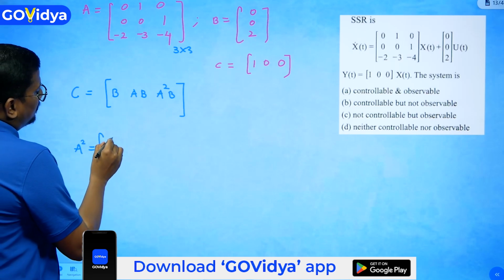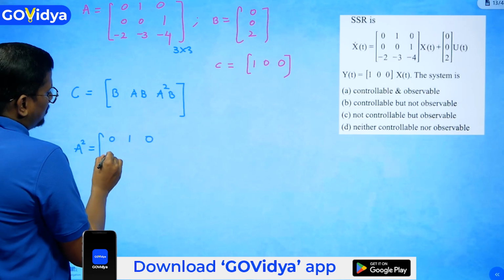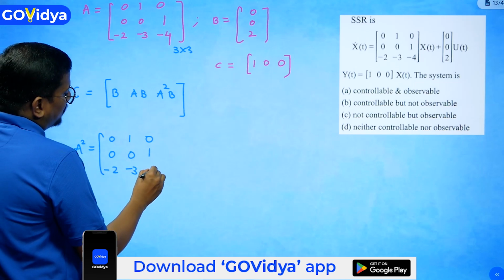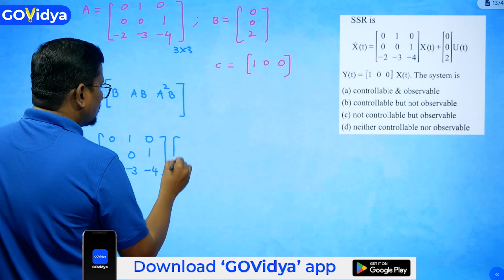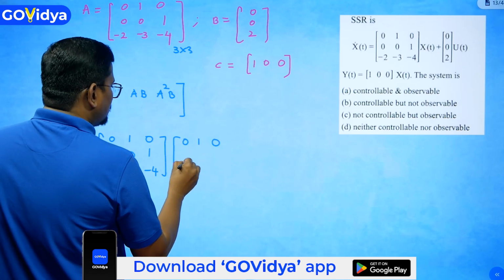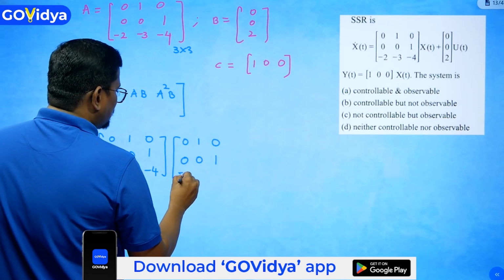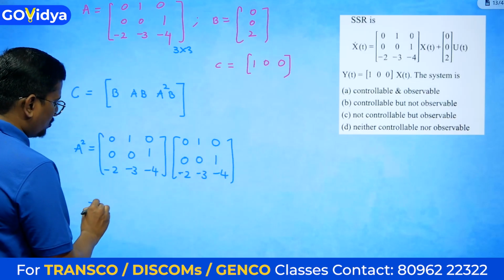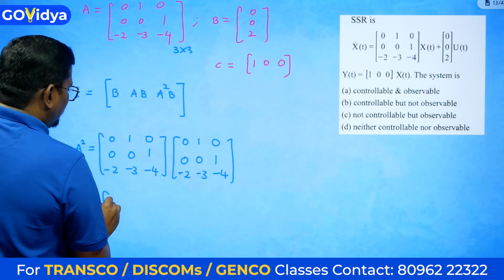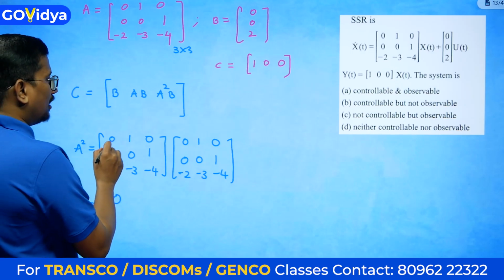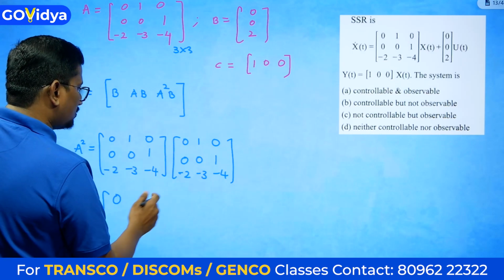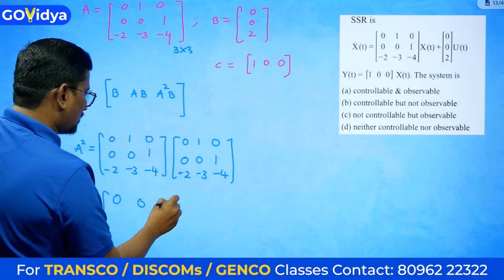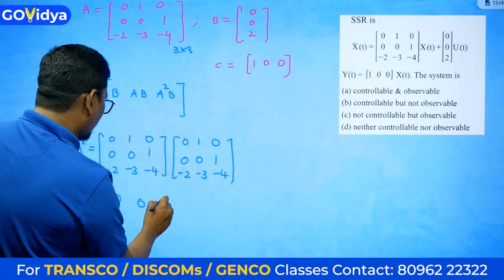A square is 0, 1, 0, 0, 0, 1, minus 2, minus 3, minus 4 multiplied by the same matrix again. You just do this A square, and finally you will get 0 here, and this into this again 0, and this into this will give 1.